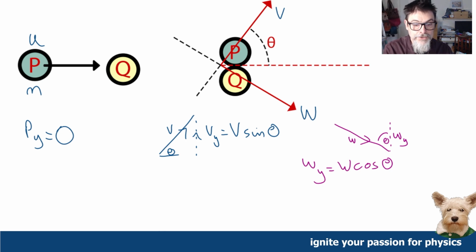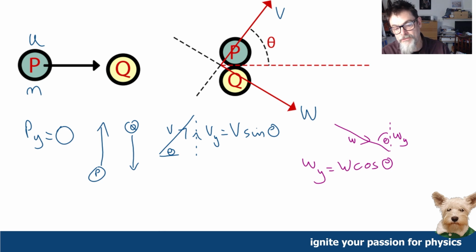It's important now to be aware that the momentum of ball P is in the upwards direction, but the momentum of ball Q is obviously in the downward direction. 180 degrees difference, one is positive, the other is negative. So let's round up now. The original momentum was 0, meaning that the sum of the final momentums must also be.